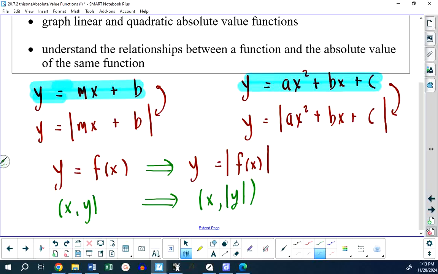All we're doing is we're taking the absolute value of y, because the function that we're absolute valuing, if that is such a way to say it, is really the y coordinate of the original function.